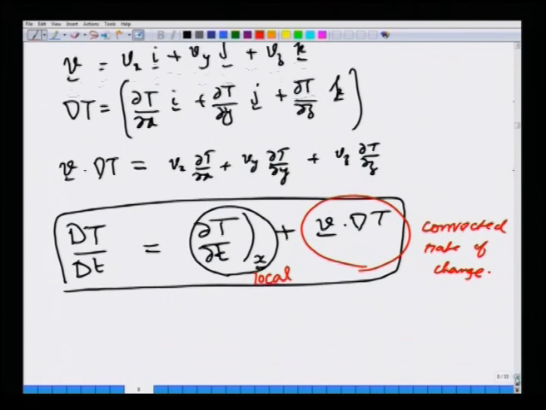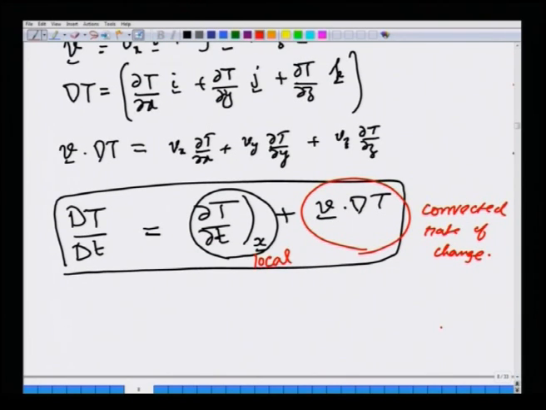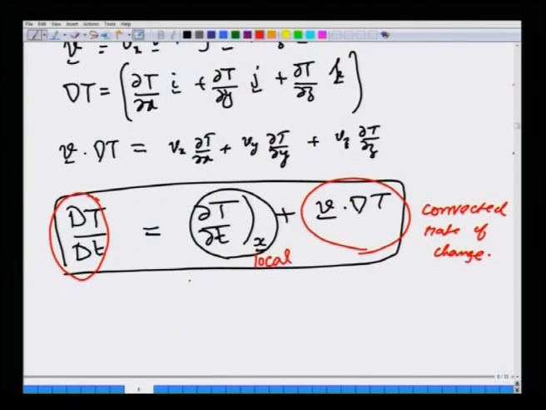So, this is a very important concept in fluid mechanics, because the substantial derivative idea is a vehicle that allows us to calculate the rate of change of many quantities as you follow a fluid particle, from a given time to a later time, purely based on Eulerian description. So, we will stop here and we will see you in the next lecture, where we will continue further in fluid kinematics. Thank you.